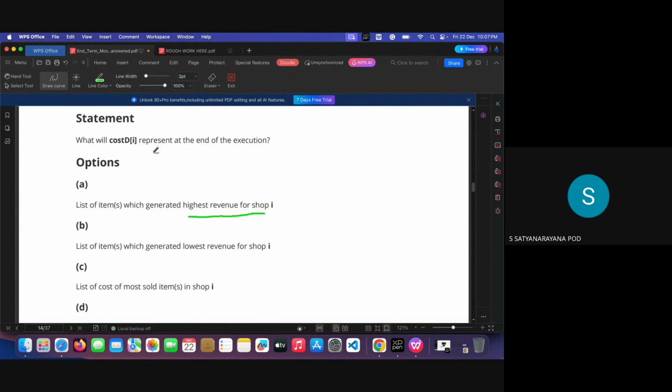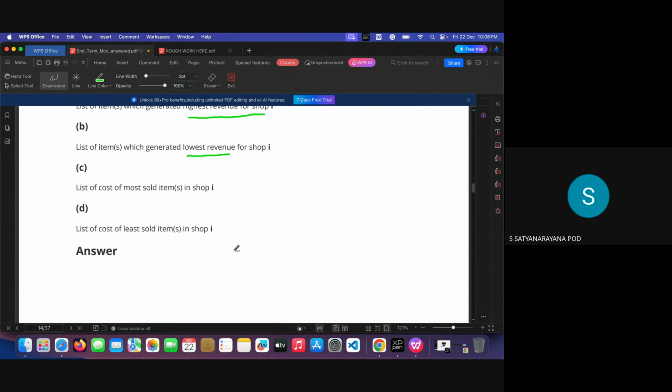And here, lowest cost is definitely not. List of most sold item, no. If you want the most sold item, you have to calculate count equals count plus quantity. I have to do the addition of quantities. If you do the addition of quantities, you can find the most sold item, but I want revenue.